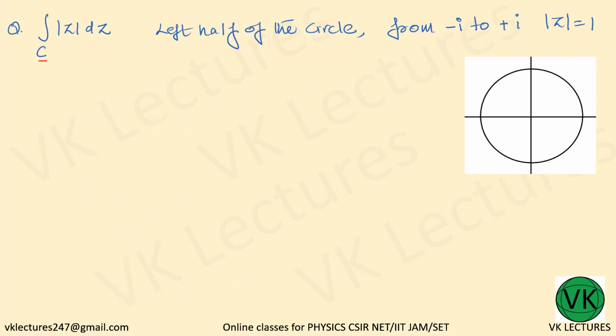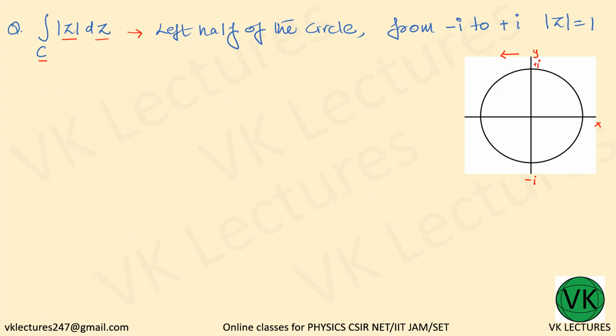Integral over c of mod z dz. It is in the left half of the circle. That means this is the y-axis, this is x. So left half of the circle means this is the area to the left of the y-axis, that is x equal to 0 axis. Now from minus i to plus i, so this is minus i, this is plus i.